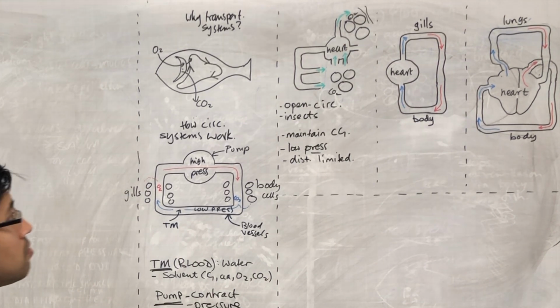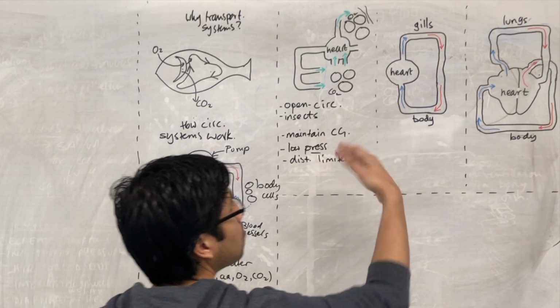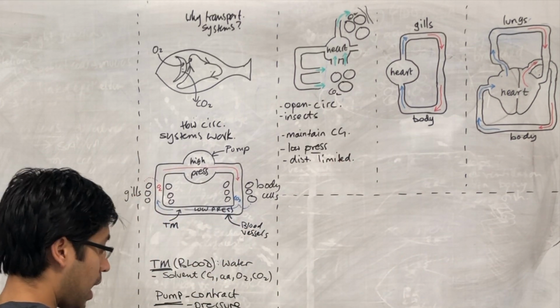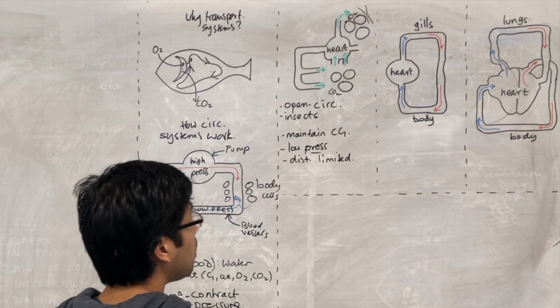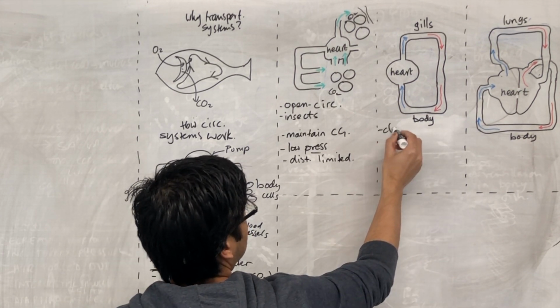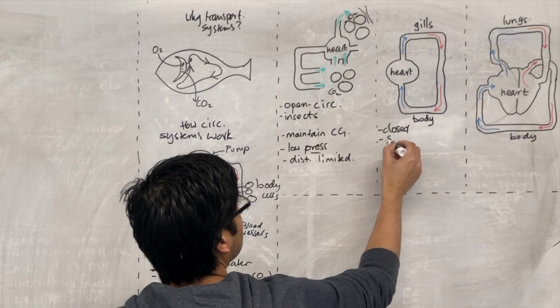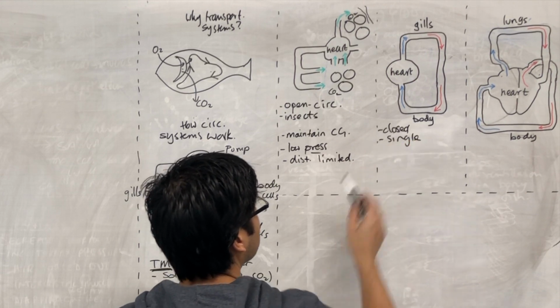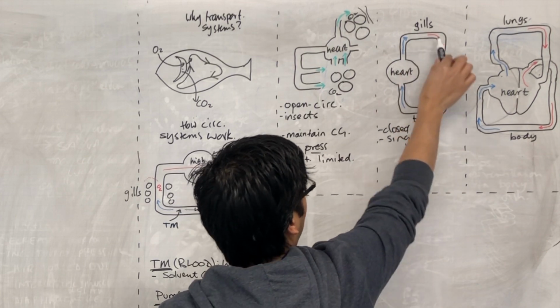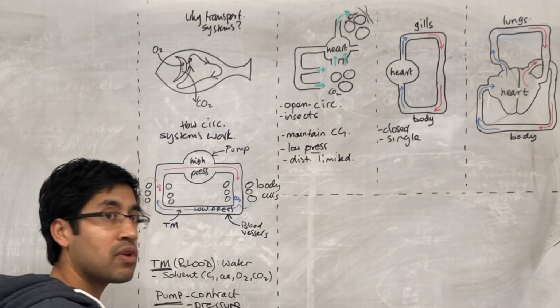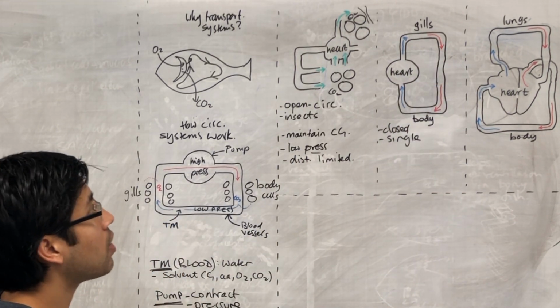Okay, so what's the adaptation that we can make then to try and solve that problem? Well, next we go to a closed circulatory system, but it is a single circulatory system. There's one loop of the circuit for every beat or contraction of the heart.